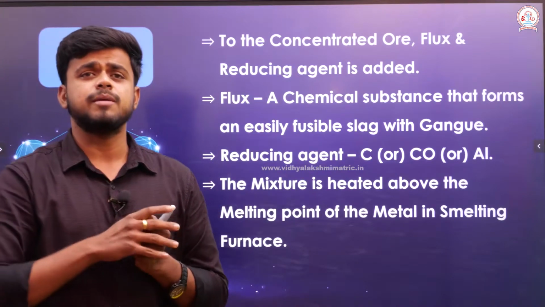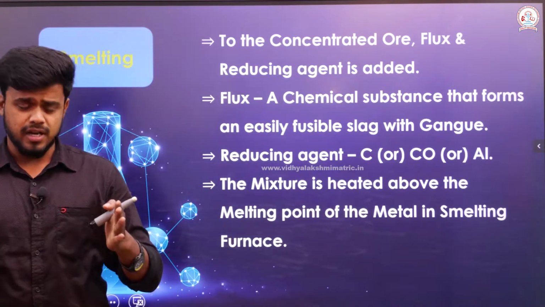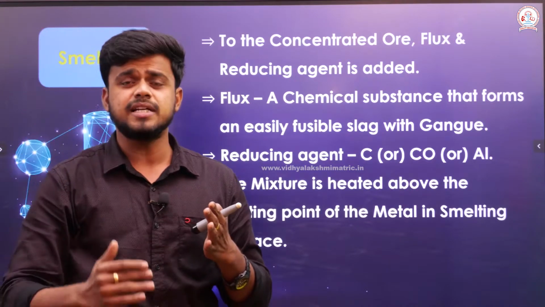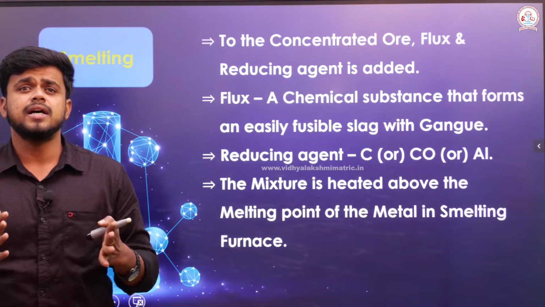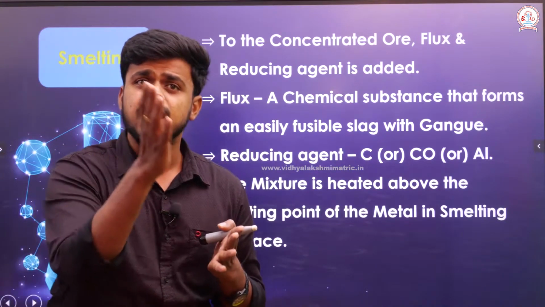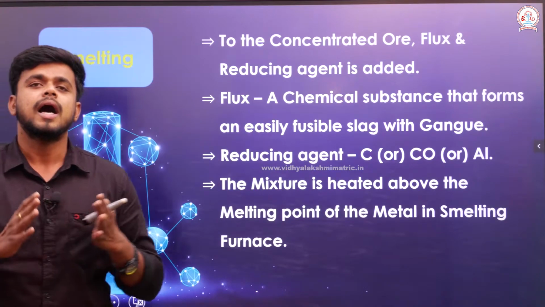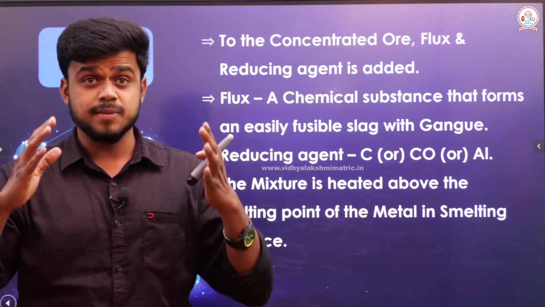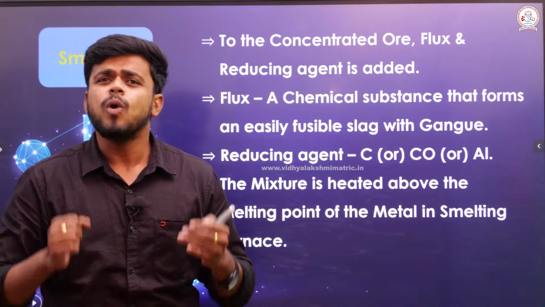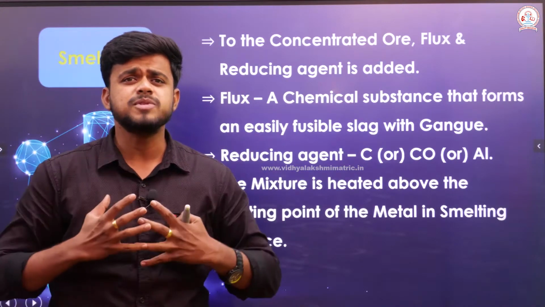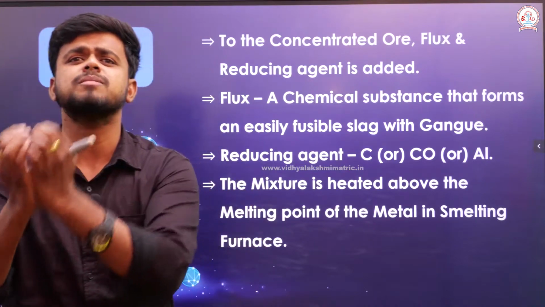What is the first step that I must do in smelting? Here the ore would have been concentrated earlier itself, which means to the concentrated ore, I am going to add a substance called flux. What is that flux? Flux is the one which helps us to remove the impurities from the ore.